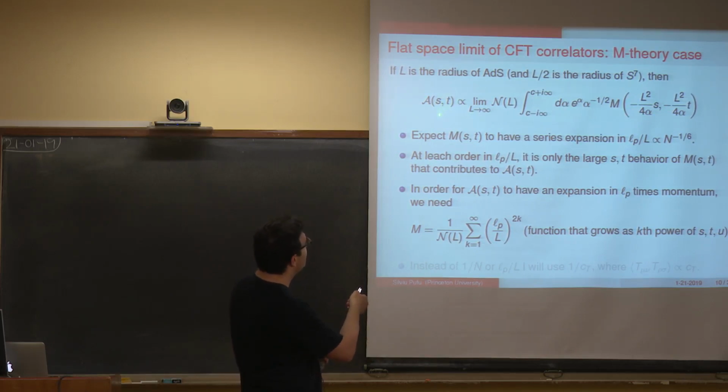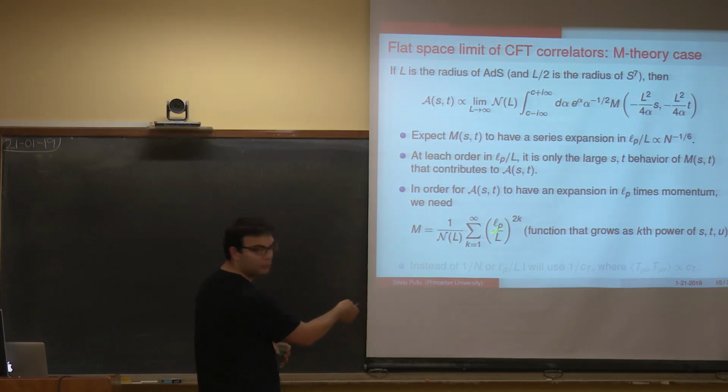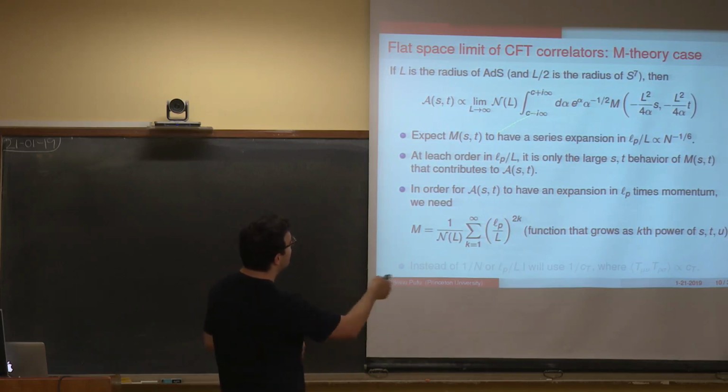So you need it such that at that order in L Planck over L, to the 10th power, all the L's cancel and we're just left with L Planck to the 10th times S to the 5 after you do this integral. So that determines the growth of this function at that order.